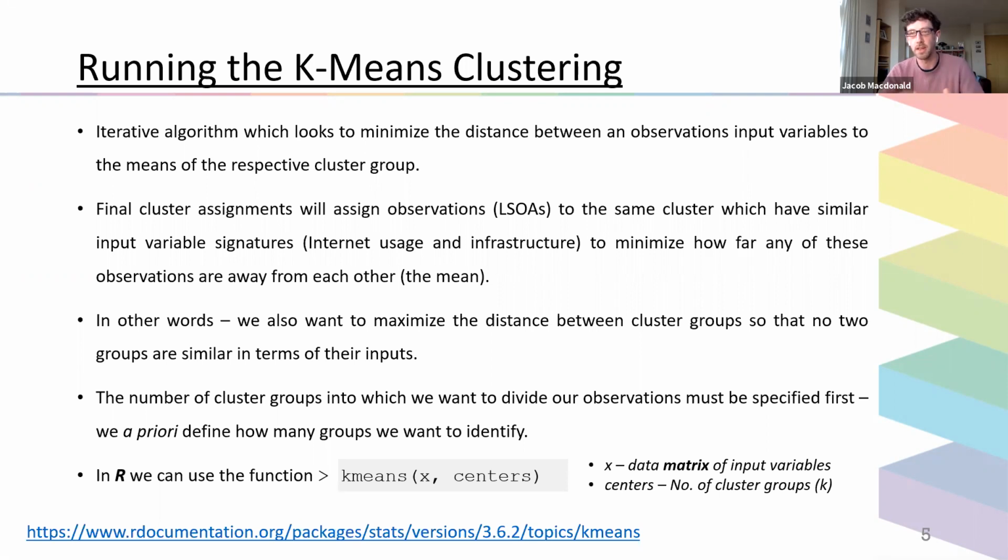So it's kind of like a hyperparameter clustering on all these inputs. So in terms of how the inputs are arranged, if we were just dealing with 2 dimensions, we could think of it as a graph, and we have clusters where we want to have LSOAs that are close to each other, but we then extend that to 3 dimensions, 4 dimensions, or however many dimensions for however many input variables we have.